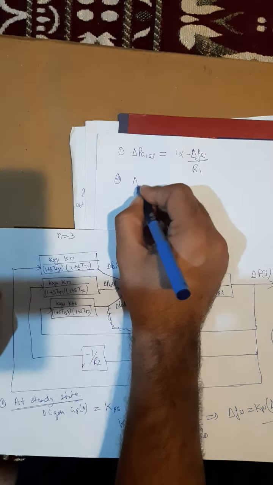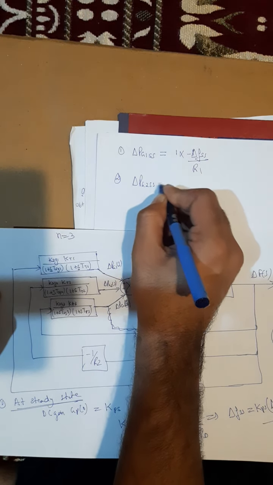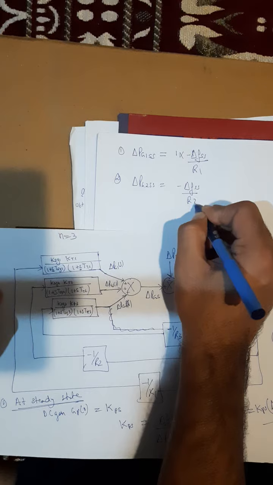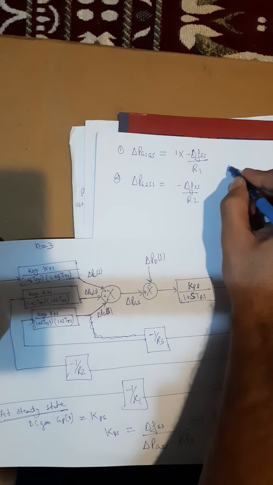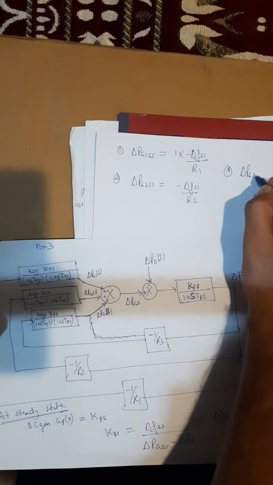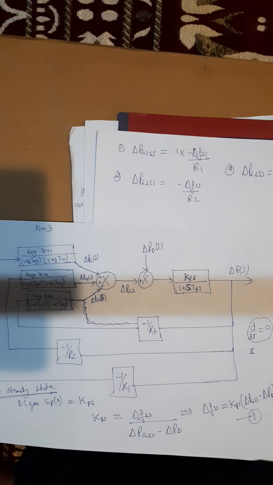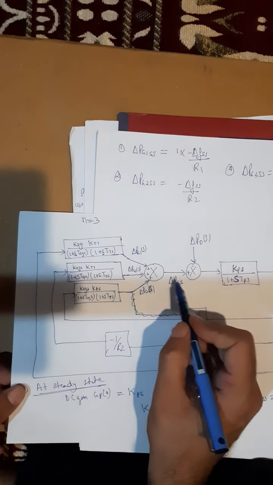Okay, similarly, delta PG2SS is equal to minus delta FSS divided by R2, and similarly delta PG3 under steady state is equal to minus delta FSS divided by R3. So you got these 3 equations. So what is total PG equal to?